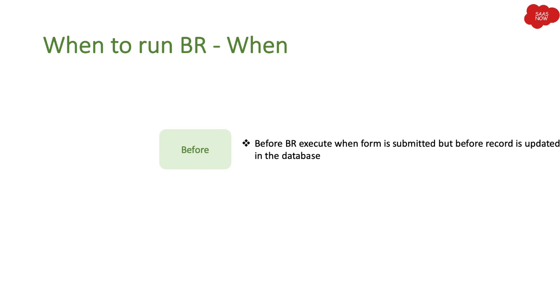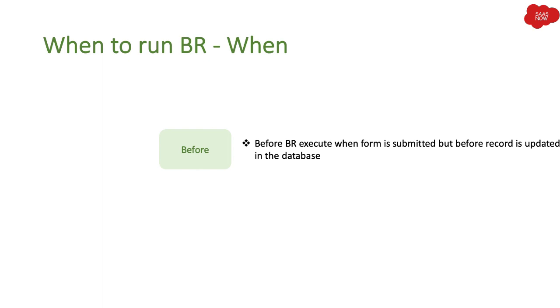Before business rule. Before business rules execute when the form is submitted, but before the record is updated in the database. That's the difference between after and before. So when the user submits the form, the action we want to take, we want it before the record is created.